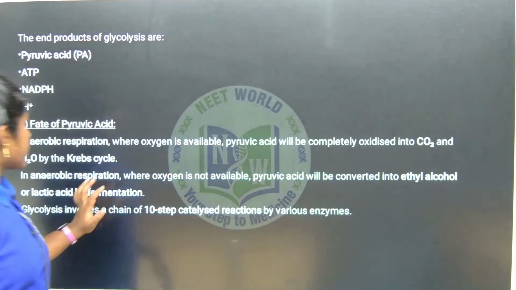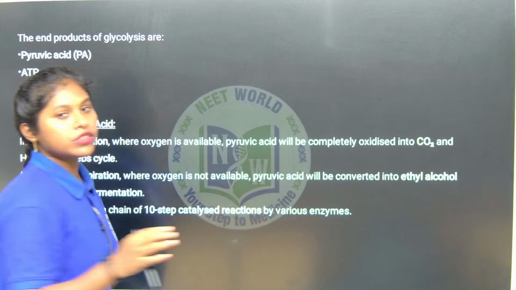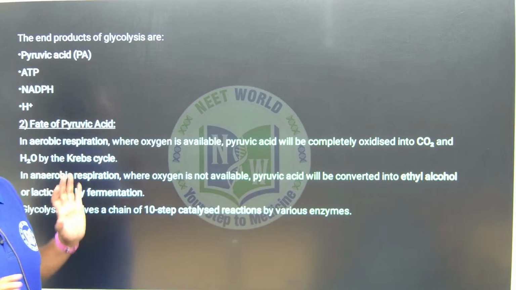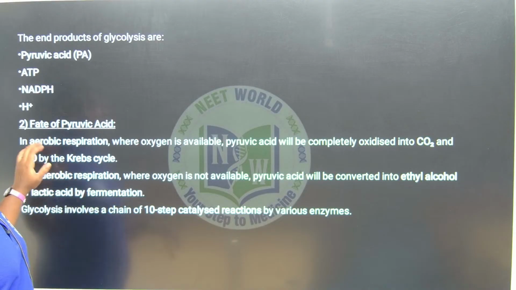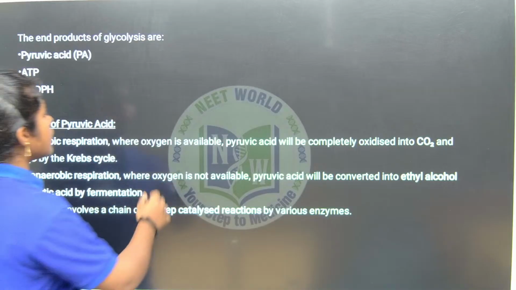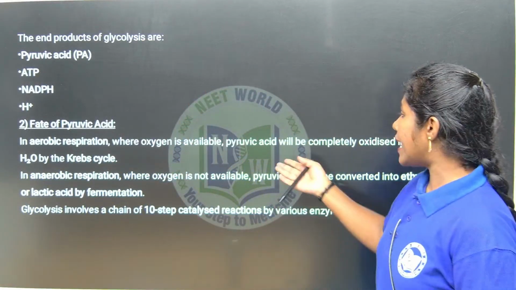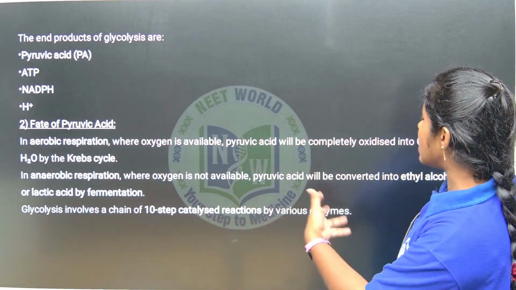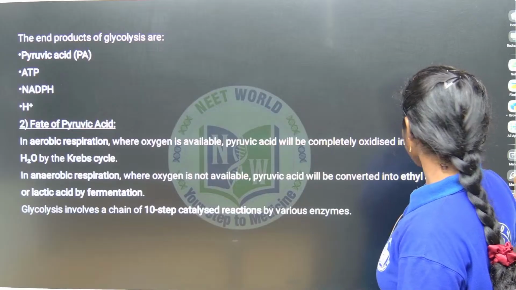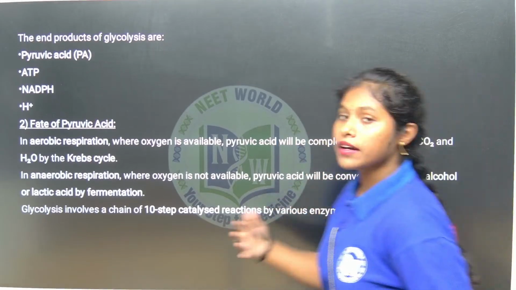In anaerobic respiration, when oxygen is not available, pyruvate will be converted into ethyl alcohol. In aerobic respiration, where oxygen is available, like us humans, animals, plants, right? Pyruvate will be completely oxidized into carbon dioxide and water in the Krebs cycle.